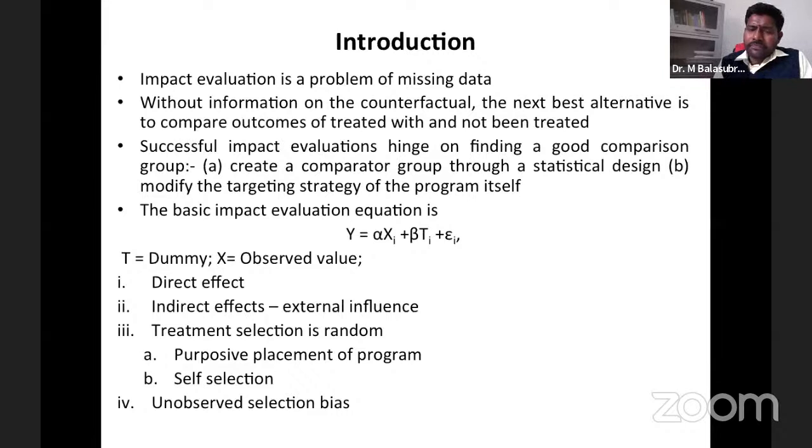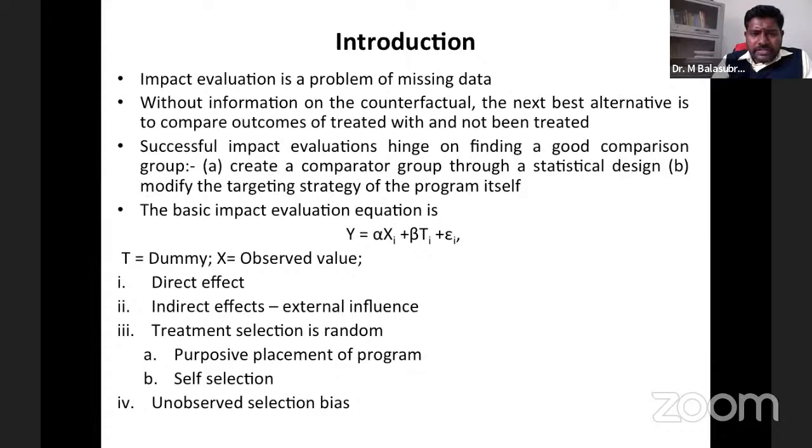If T is 0, it means before the intervention or without the intervention. At T equal to 1, it indicates that the intervention has happened with the participants. This equation gives the direct effect. The outcome may be an increase in yield, income, or whatever we are measuring.